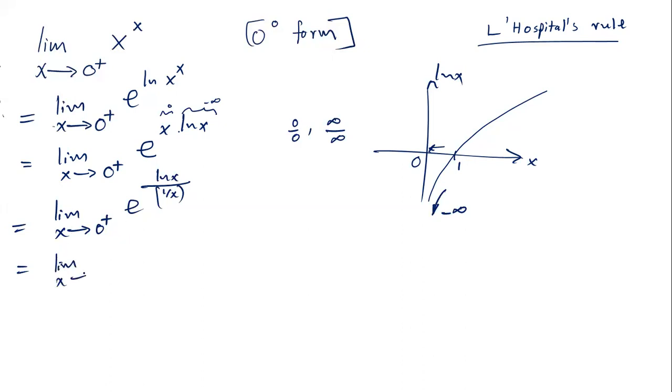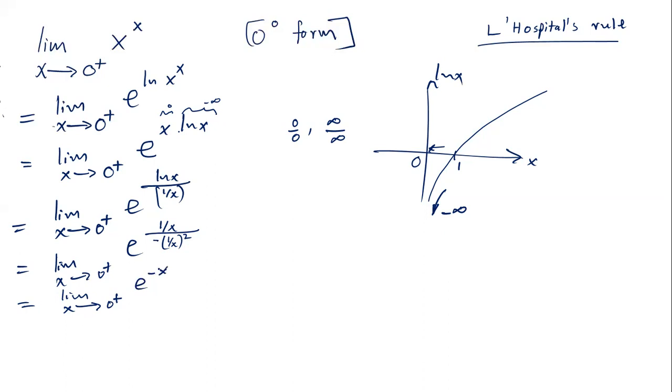Limit when x tends to 0 positive. I differentiate the numerator, 1 over x. I differentiate the denominator, minus 1 over x squared. Now here I get e to the power minus x.